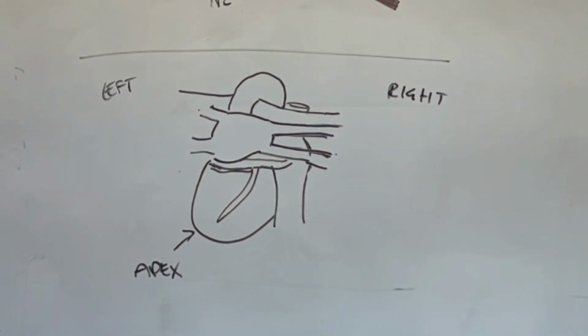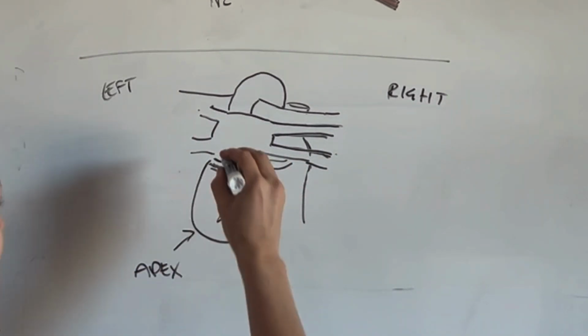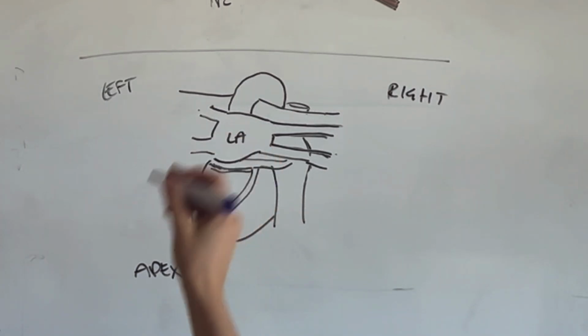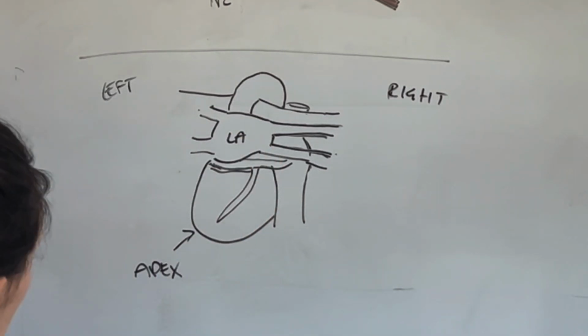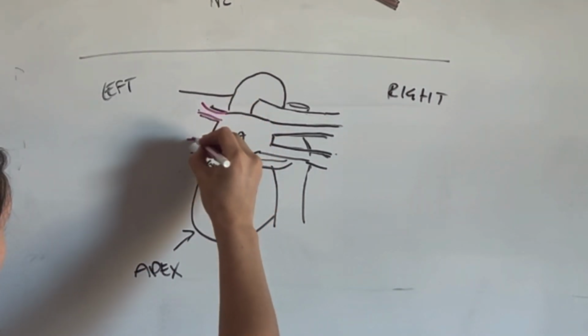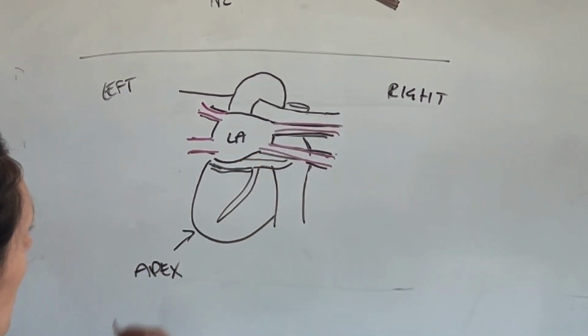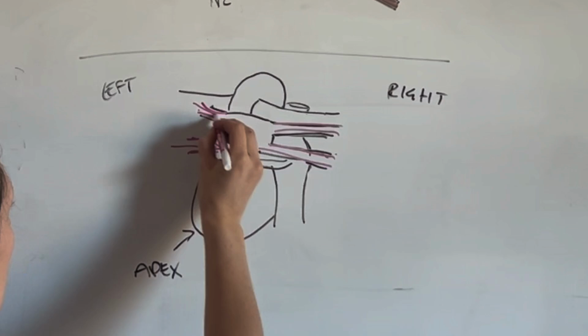This structure I've drawn here is actually your left atria. So I'm going to put LA right there for left atria, which means, and we're going to keep with our color coding, this thing, this thing, this thing, and this thing. There's 4 of them. These are our pulmonary veins.